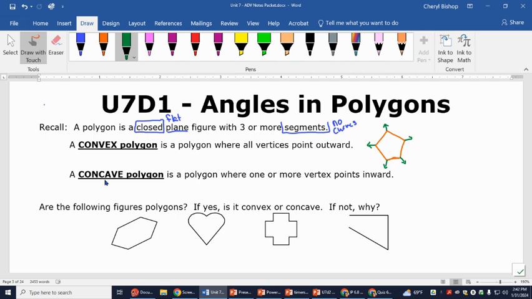A concave polygon is where one or more vertex points inwards. So in this case, I might have something like this. And when I have something like this, here I can see on this one, this vertex points out, this one points out, this one points out, this one points out.